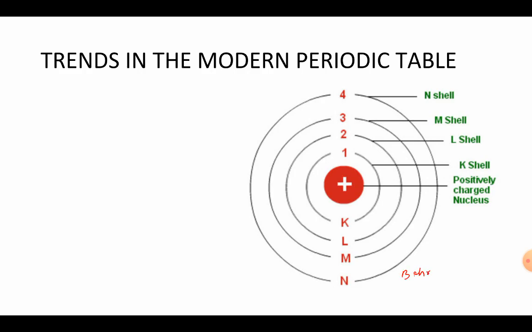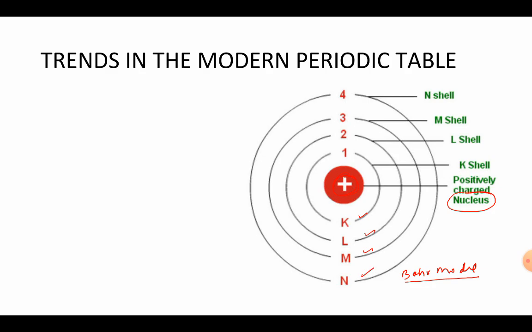This is called the Bohr's model of an atom. And if we see the Bohr's model of an atom, we can very well figure out that in the center of the atom we have a positively charged nucleus, and around this positively charged nucleus we have various shells.